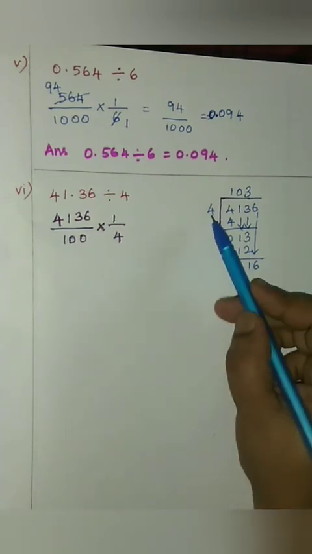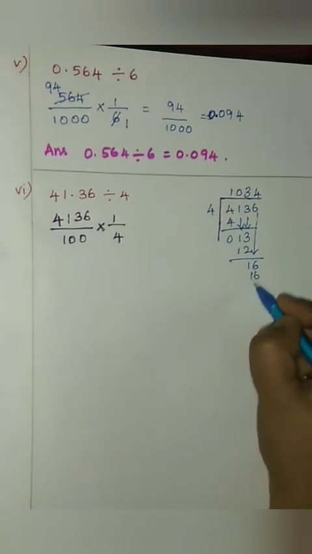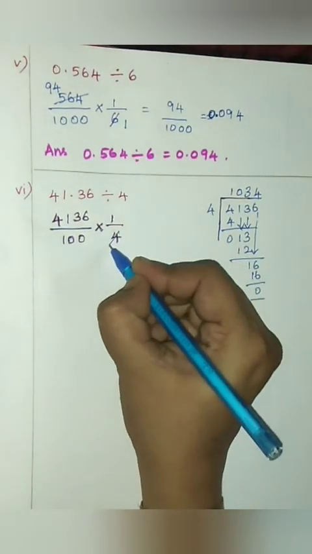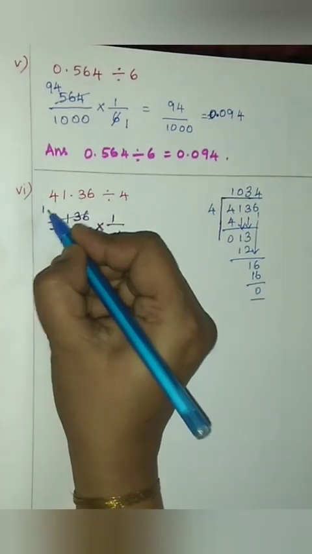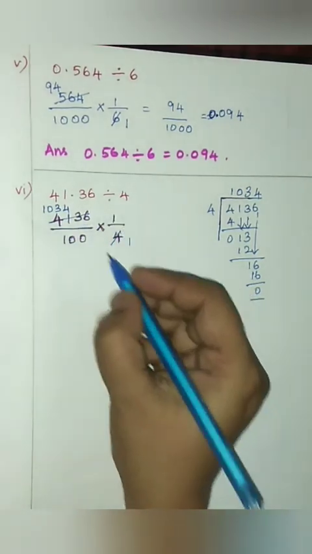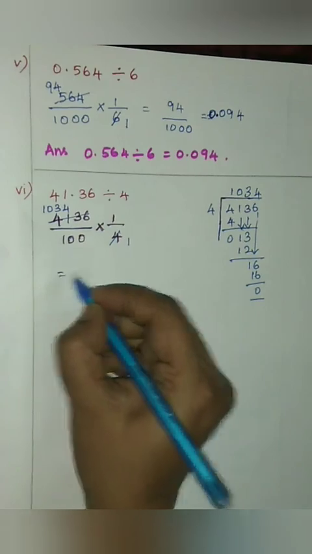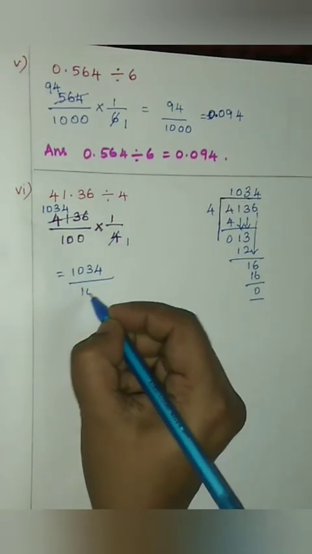How many times does 4 go in 16? 4 times. The remainder is 0. When you cancel using the 4 table, you get 1034. Now multiply 1034 into 1, 1034 by 100 into 1, 100.